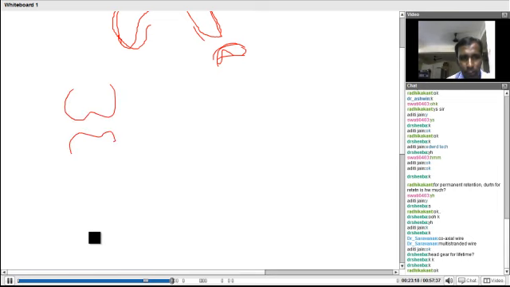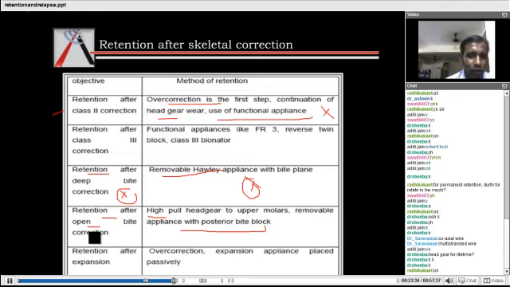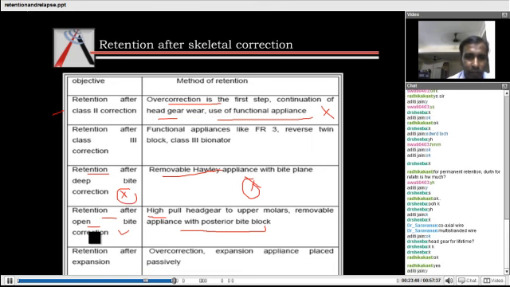You will have a bite block here. The bite blocks will intrude the molars, both upper and lower, which helps in the closure of the mandible. So you can correct the open bite. That is why bite blocks are used. Got it, everybody? Posterior bite blocks are used for open bite. For deep bite, we always use an appliance with an anterior bite plane. Remember that.